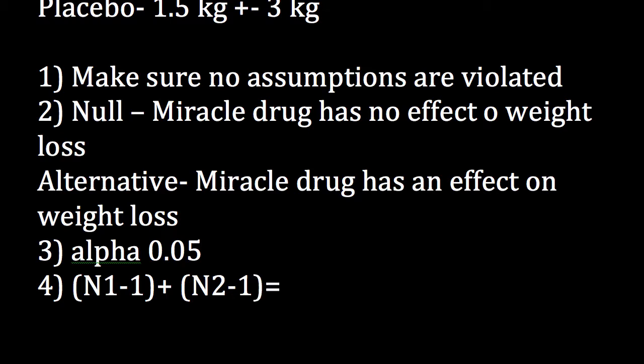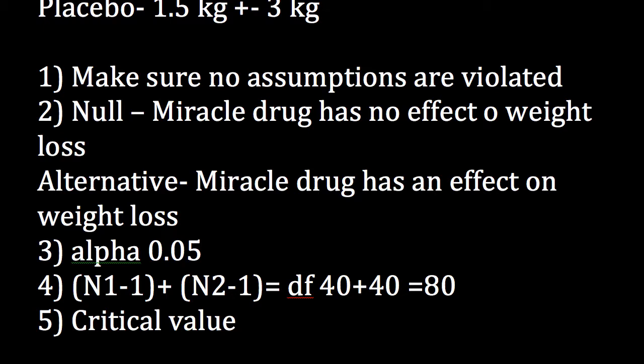And that is how you calculate degrees of freedom. And since we know that there were 41 patients in each group, that goes to 40 plus 40 is 80. So 40 plus 40 equals 80. Now we'll use the degrees of freedom to find the critical t-value.